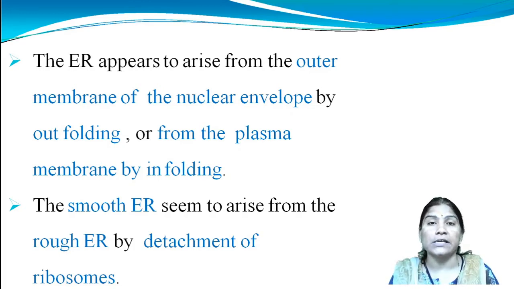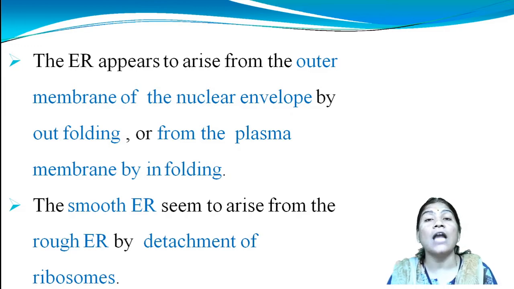The endoplasmic reticulum appears to arise from the outer membrane of the nuclear envelope to the inner membrane of the plasma membrane. So, these endoplasmic reticulum are located from the outer membrane of the nuclear envelope to the inner membrane of the plasma membrane.